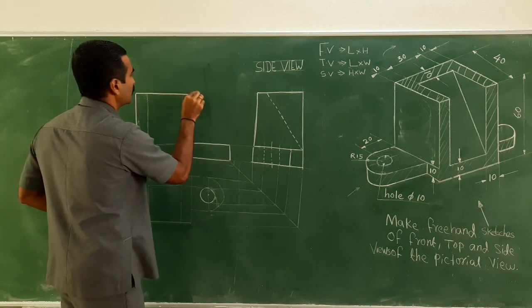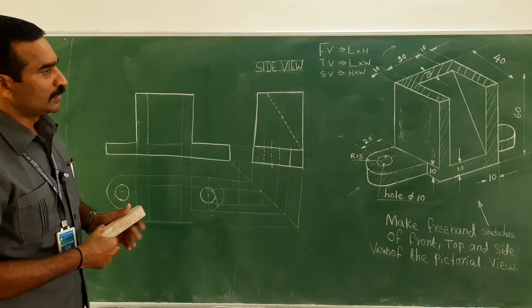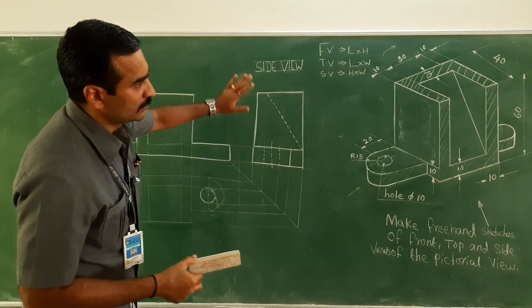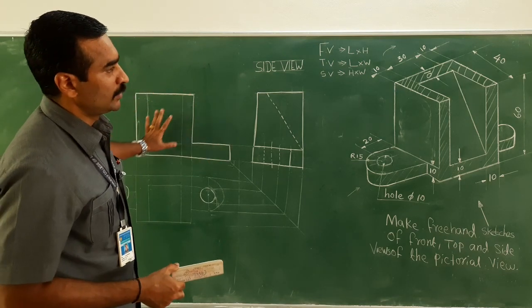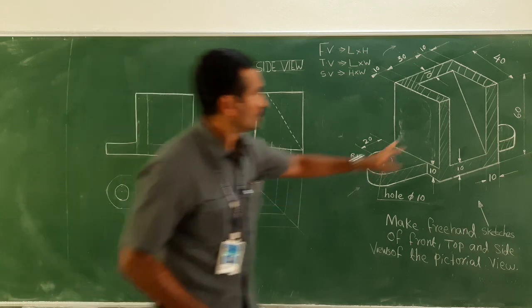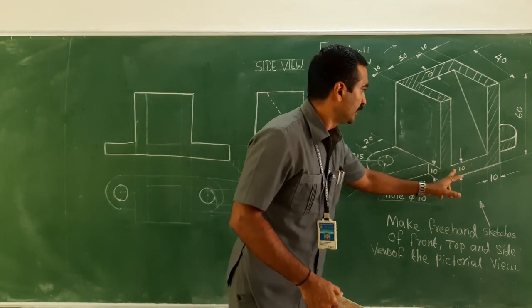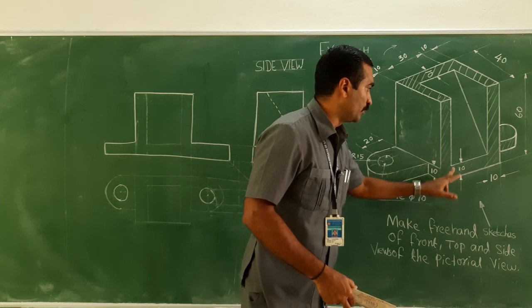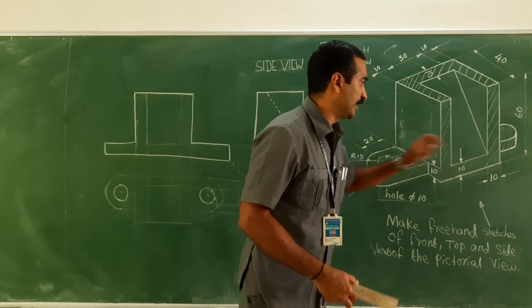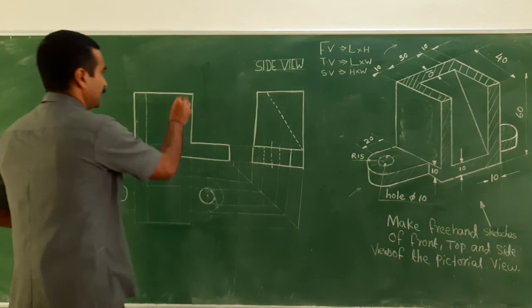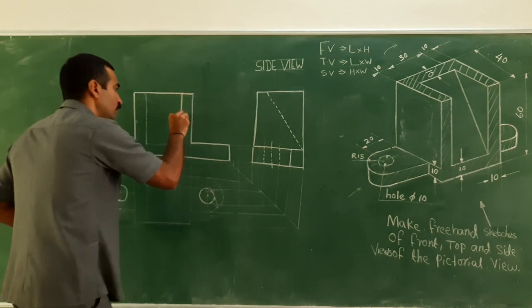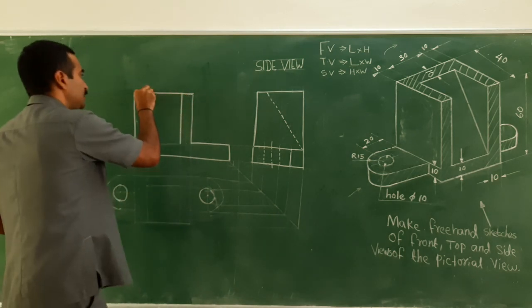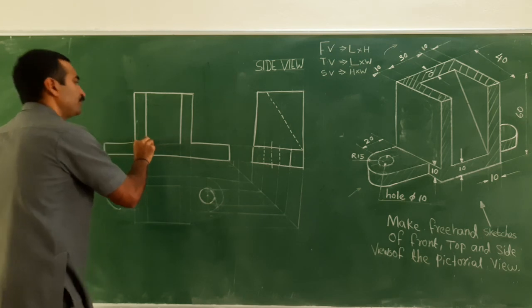So now I have completed the boundary. Let me just check what are the things that need to be drawn as thick. So look at this portion. It does not extend or continue till the bottom. It ends here, 10 mm above the base. So don't extend the line till the bottom of the object.